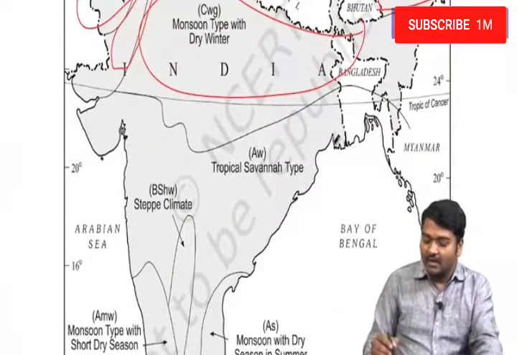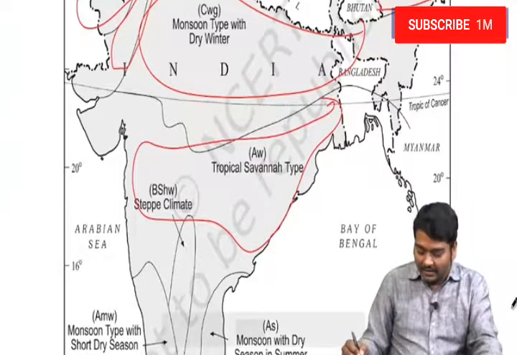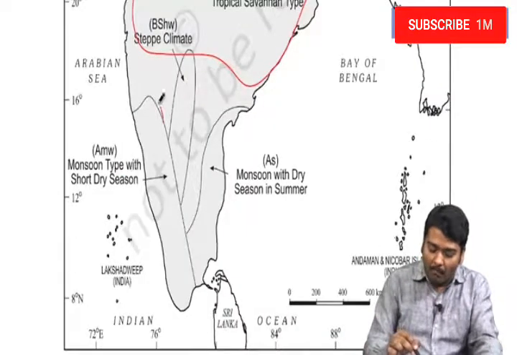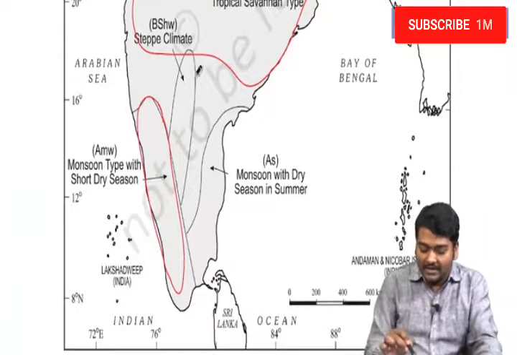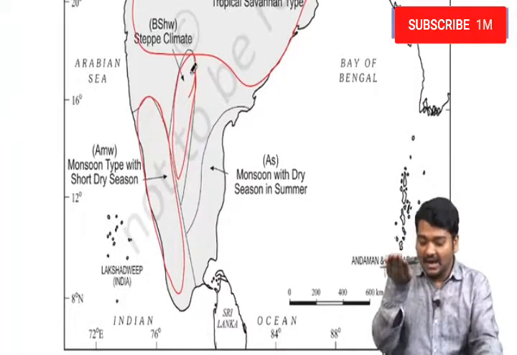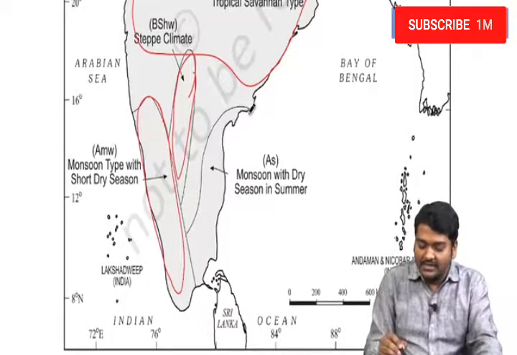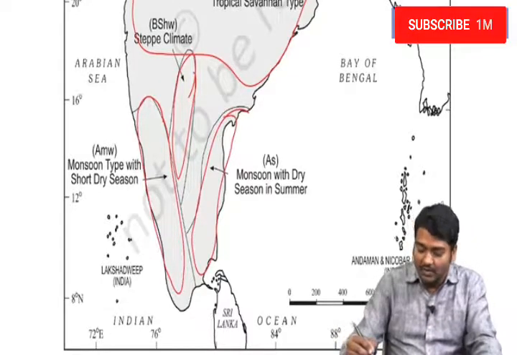Can you see the other parts, savanna type of climate? And then can you observe monsoon with short dry season? And can you see steppe type of climate on the leeward side, that is rainfall will happen but grasslands will be there, increasing height. And then can you see monsoon with dry summer in Tamil Nadu, right? So what all we see?